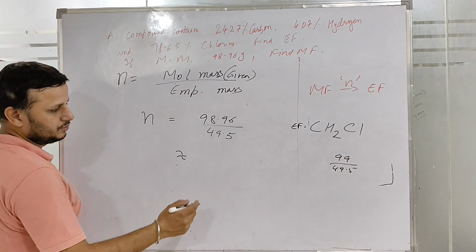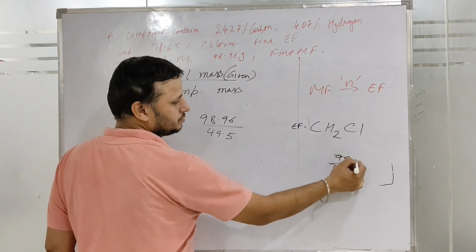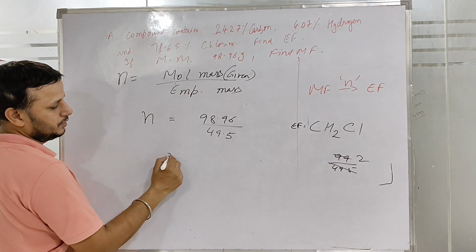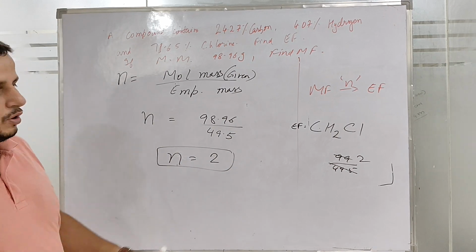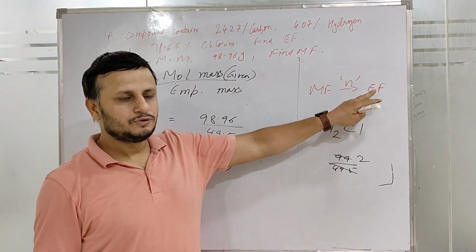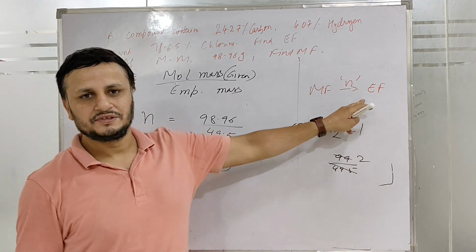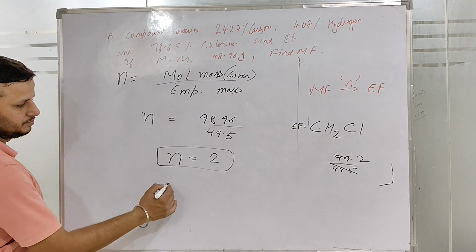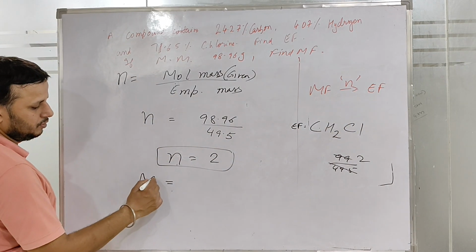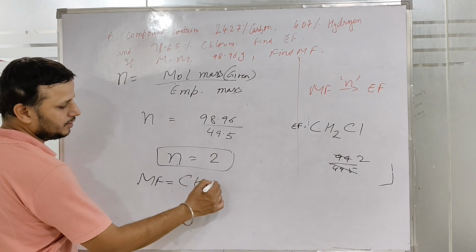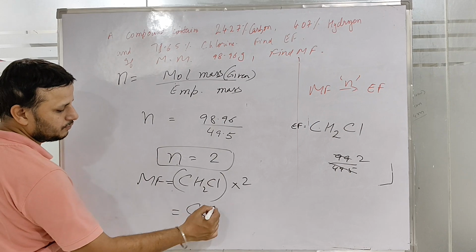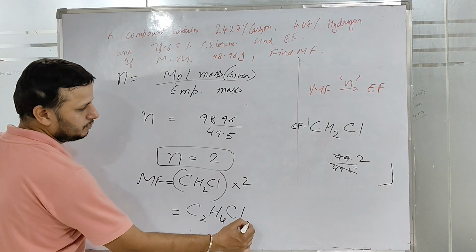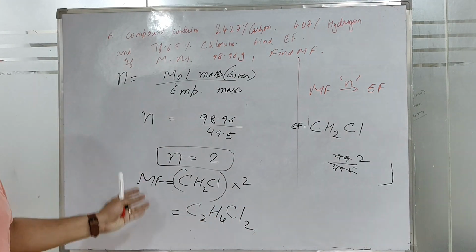So it becomes almost 2. इक्वल टू 2। अब हम एम्पेरिकल फॉर्मूला को वापस n से मल्टीप्लाई कर देंगे कि हम to find molecular formula we will multiply CH2Cl by 2, so molecular formula is C2H4Cl2.